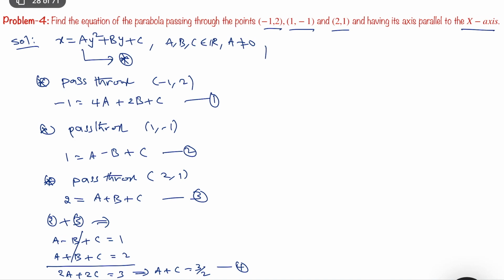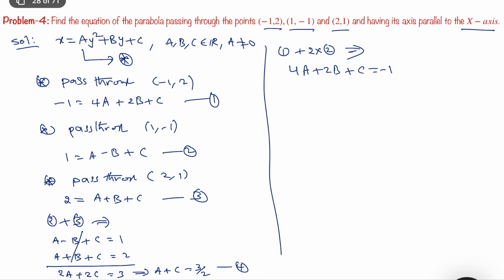And also let me do 1 plus 2 times 2. First let me write the equation 1, that is 4a plus 2b plus c equal to minus 1.